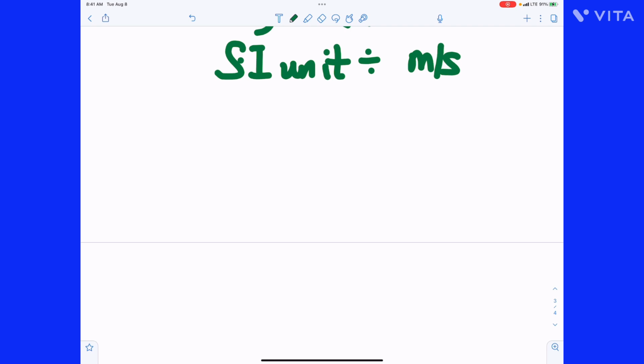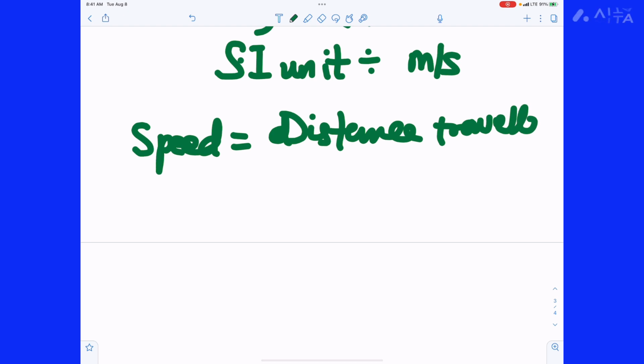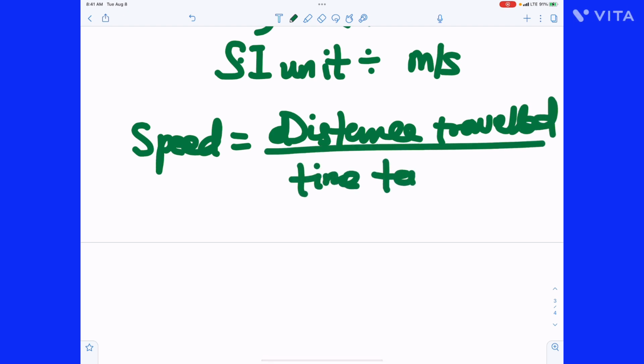Now, as a note on speed, let's now write the formula. Speed, we said, is distance traveled over time taken. So we can define speed as distance traveled per unit time.